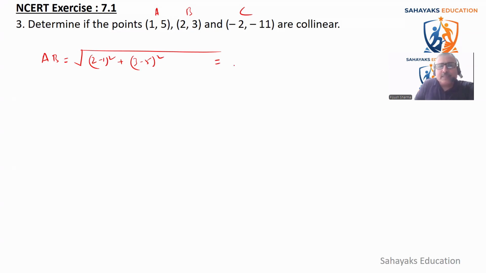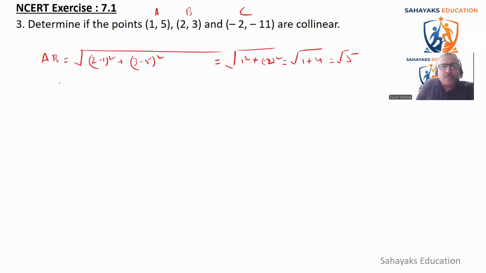And what is it? 2 minus 1 is 1 square, plus 3 minus 5 is minus 2 square. It comes out to be 1 plus 4, which is square root of 5.